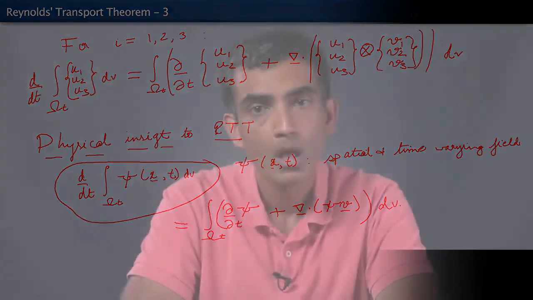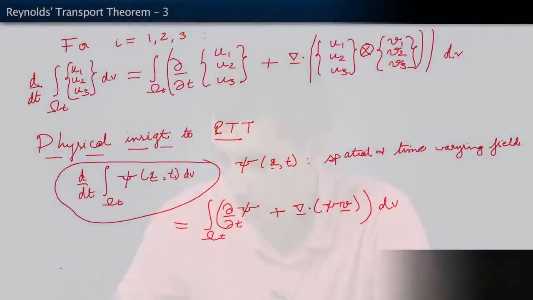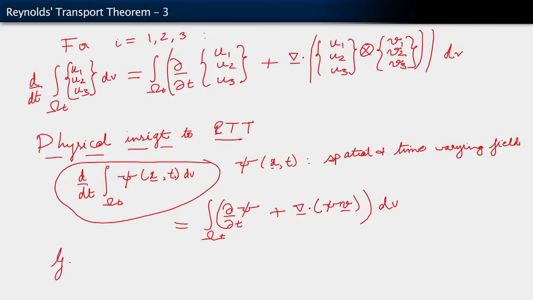What we need to do is gain more insight into what that divergence term is doing. In order to do that, we are going to invoke one of the most famous theorems in vector calculus, called the Gauss divergence theorem.